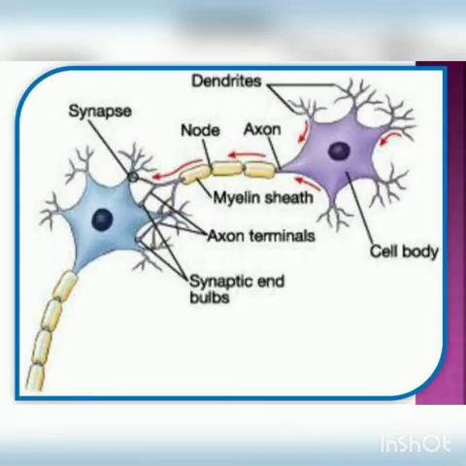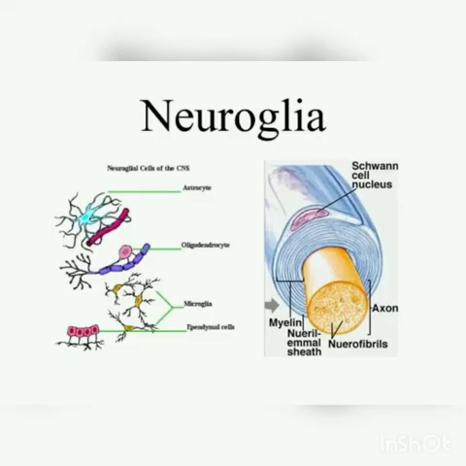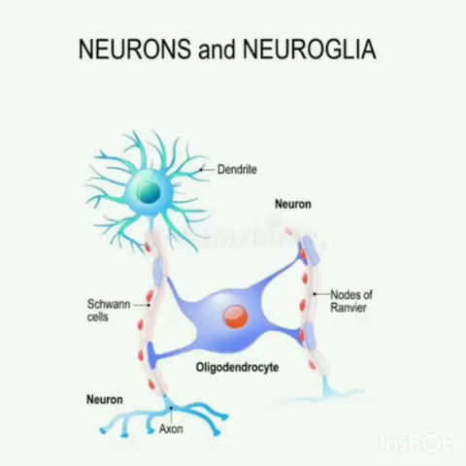Neurons are the unit of the neural system, and you know that from your 10th standard itself. The neuroglial cells which constitute the rest of the neural system protect and support the neurons. Neuroglia makes up more than half of the volume of the neural tissue in our body. What is neuroglia? Neuroglia is a part of our nervous tissue.